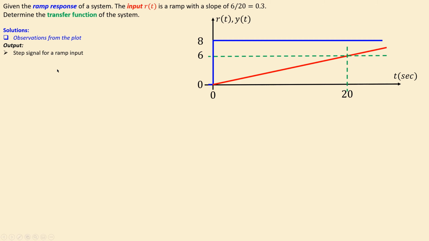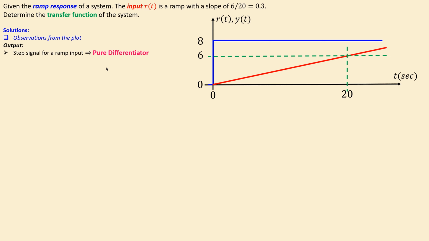Now, what does that actually mean? If you have a ramp input and that results in a step, that means that you have a differentiator. So you have differentiated a linear function which is going up, and that differentiation will result in a constant value, which is just the slope of this line, and that is then a pure differentiator.